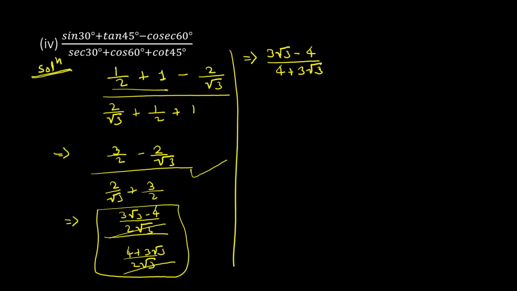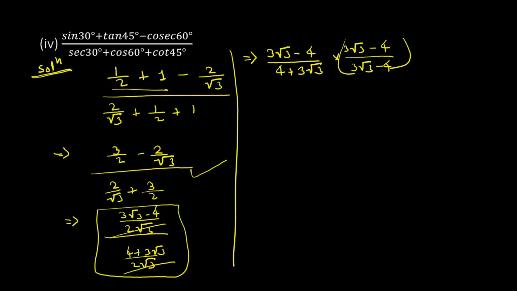It is remaining. Now let's solve this one. To solve this equation, we will rationalize the denominator by multiplying 3 root 3 minus 4 upon 3 root 3 minus 4.